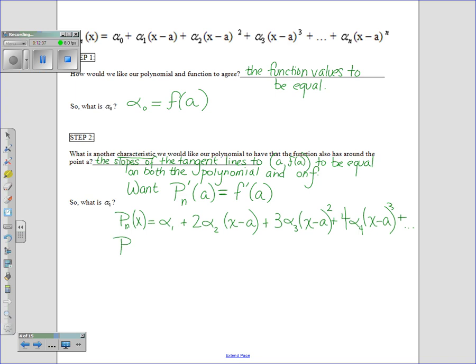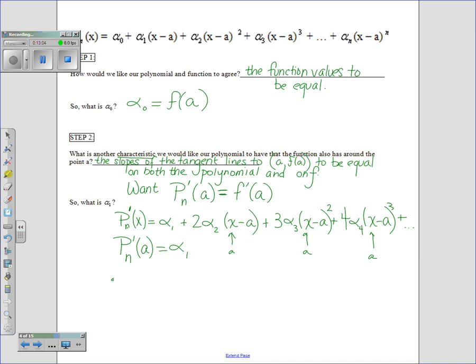Oh, excuse me, that's the derivative. I meant to label that as the first derivative of p sub n of x. So the first derivative of the nth degree polynomial at a is equal to alpha sub 1, because if I put in a here and a here again, all of these remaining terms will drop.